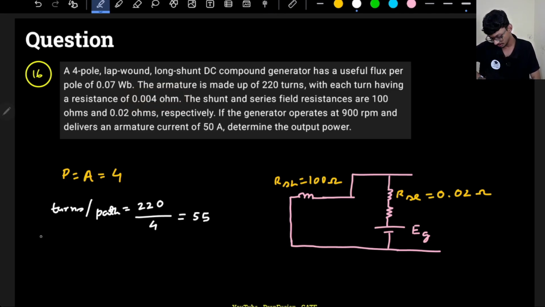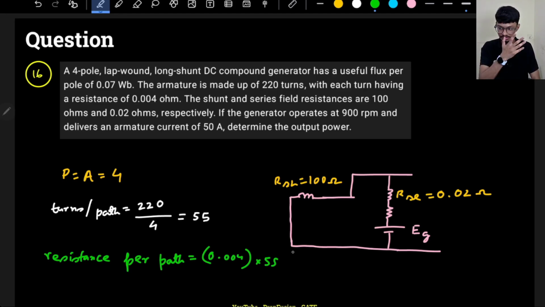Resistance per path equals: each turn has 0.004 ohms, and I have 55 turns, all in series, so they are simply added. So 55 into 0.004, 0.22 ohms.